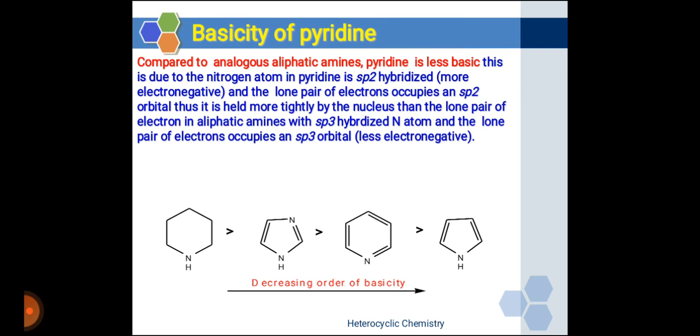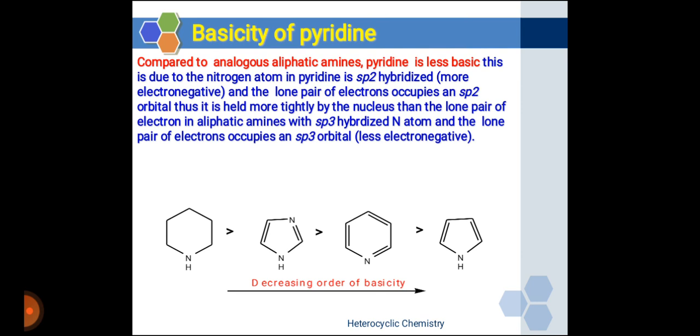So here I have given the decreasing order of basicity. First, all the carbon atoms which have sp3 hybridized orbitals are very low in basicity. Then the nitrogen at the 2 position of the 5-membered ring, with two terminal carbon atoms, is another type of basic.